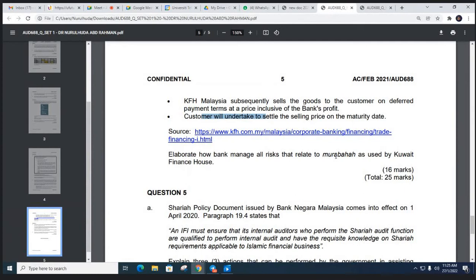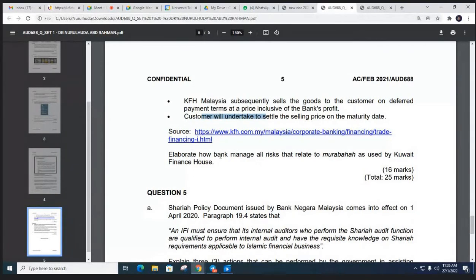Market risk, exposed to market risk. Oh, market risk and one more? Ada satu lagi type of risk. Operational. Tak ada. Credit risk. Ya, market risk dengan credit risk.